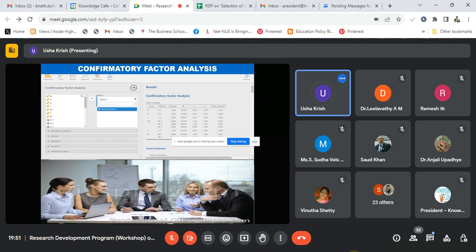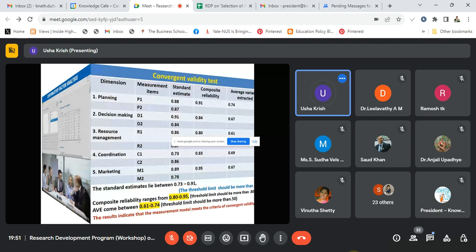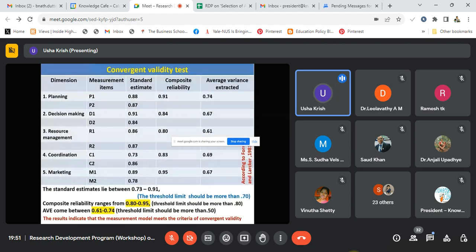Now, in CFA, the first table we need to show is the convergent validity test table. It will be the first table in CFA. In this table, we should carefully observe standard estimates, composite reliability, and average variance extracted.